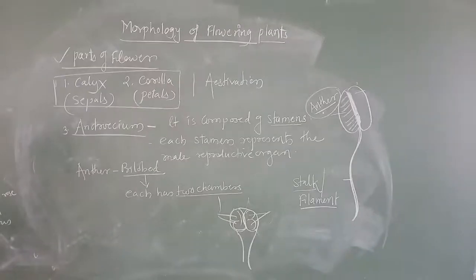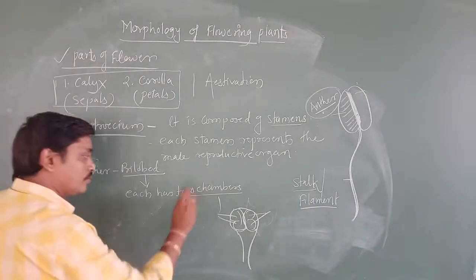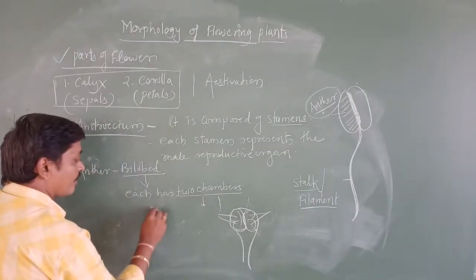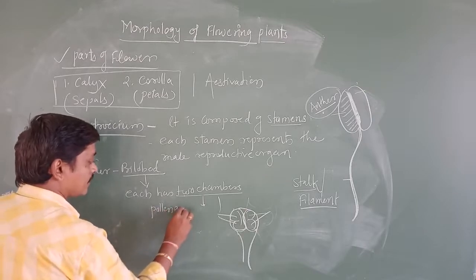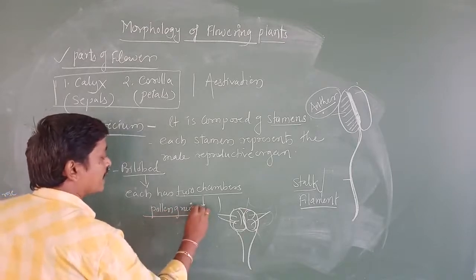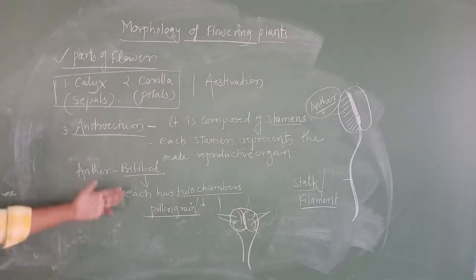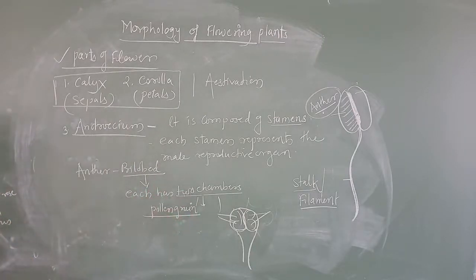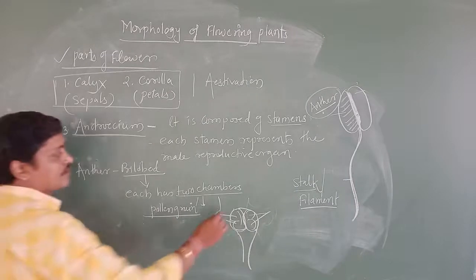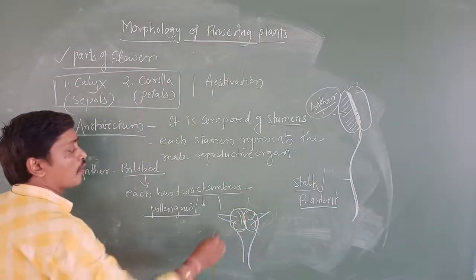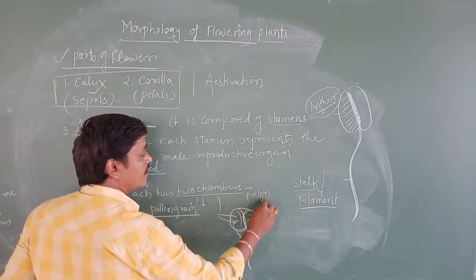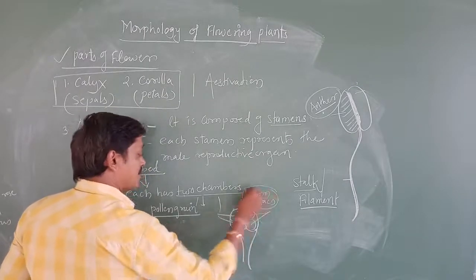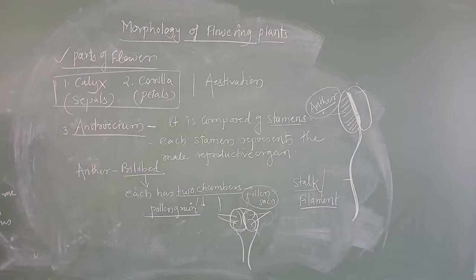In these chambers the pollen grains are formed. These chambers develop into the pollen sacs, where the pollen grains are produced.